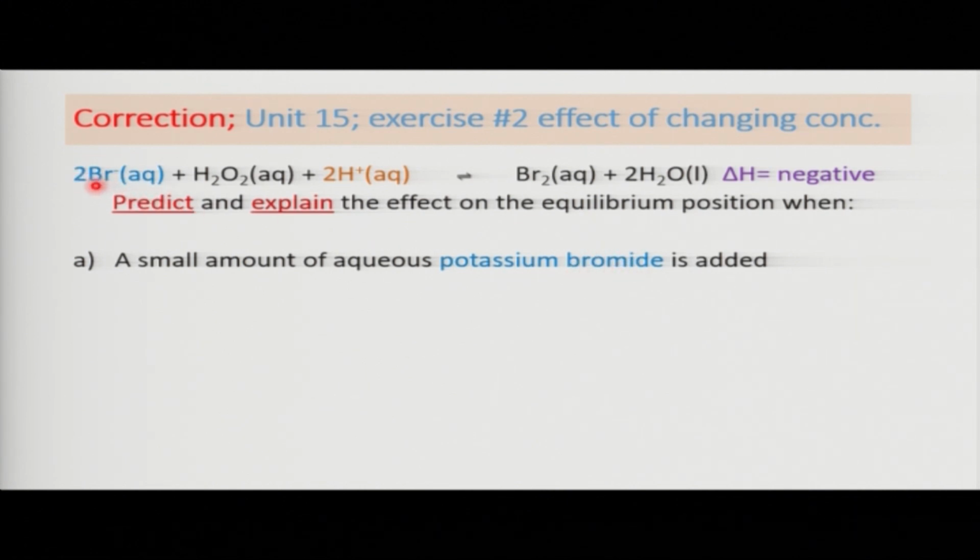It will bring in bromide ions, making the reactant side, as you see with my highlighter, be in higher amounts than the product side. And that will disrupt the equilibrium.